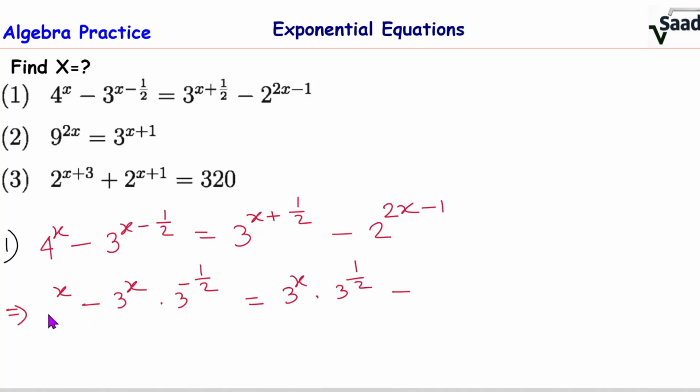So here we can write 2 to the power 2x, and here 2 to the power 2x times 2 to the power minus 1. How we can do it? We know a to the power m plus n, we can write a to the power m times a to the power n.